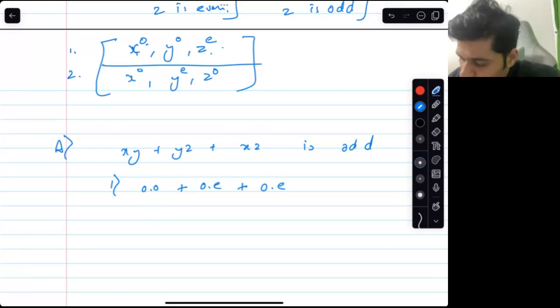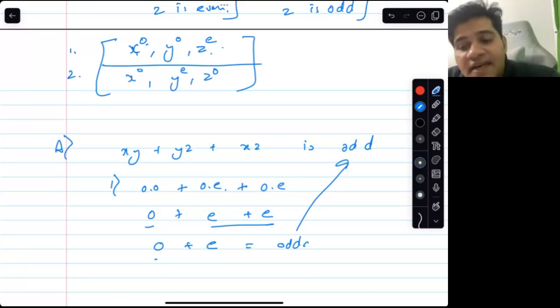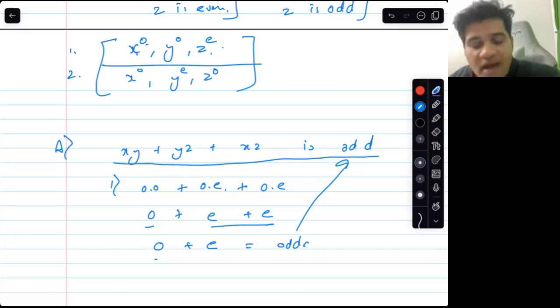Odd into odd is odd. This is even. This is even. Now, what do you think? Even plus even is even. Odd plus even is odd. And that is what they said. So A is correct. The option said that xy plus yz plus xz is odd, and that is correct because we got odd only.